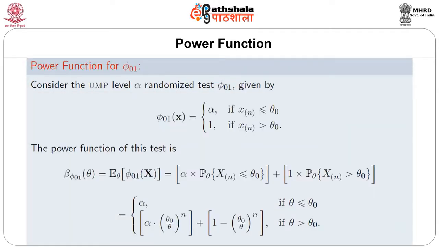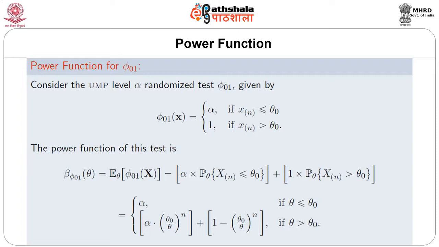Now, the power function of different tests. We have considered the randomized test, and the randomized test is alpha if x order n is less than or equal to theta naught, and 1 if x order n is greater than theta naught. Now, how can we find the power function, and what is the power? Power is the probability of rejection of H naught at theta, where theta is greater than theta naught.